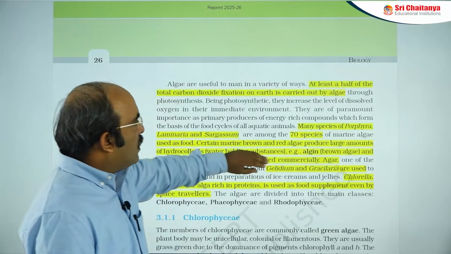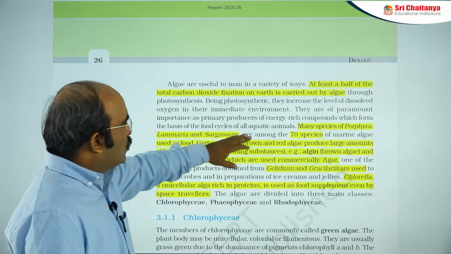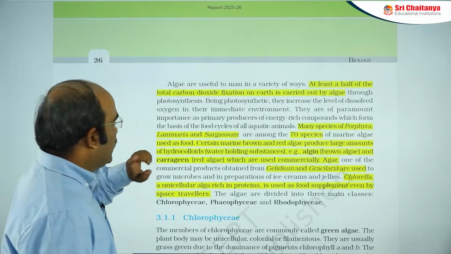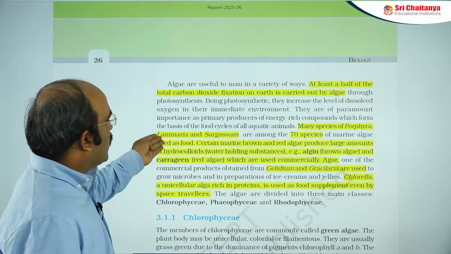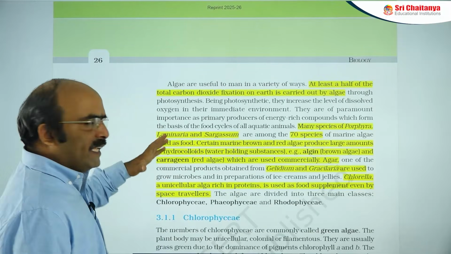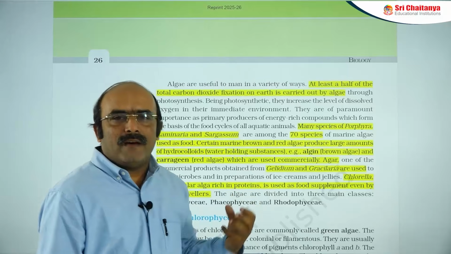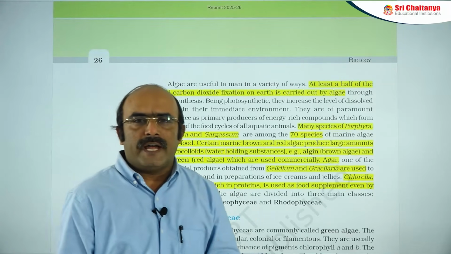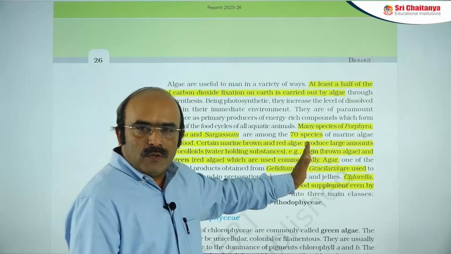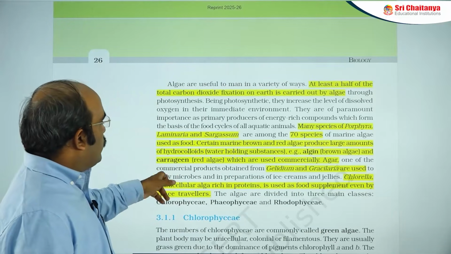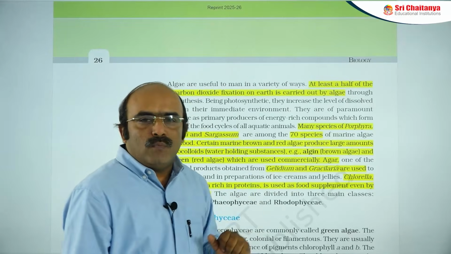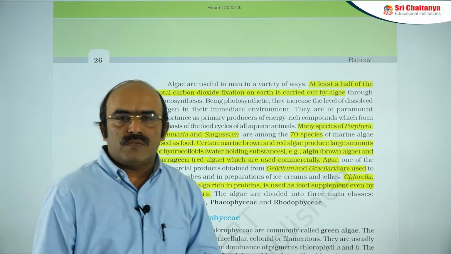Then coming to the consumption of algae, nearly 70 species of marine algae are used as food, such as Laminaria and Sargassum. The algal cell walls have water-holding substances called hydrocolloids or phycocolloids. In brown algae you have algin, and in red algae you have carrageen. The other one in red algae is agar, which is commercially used for different purposes.